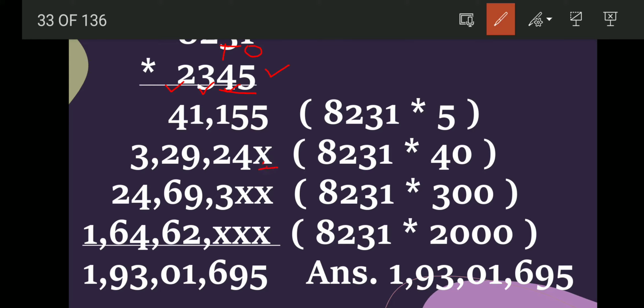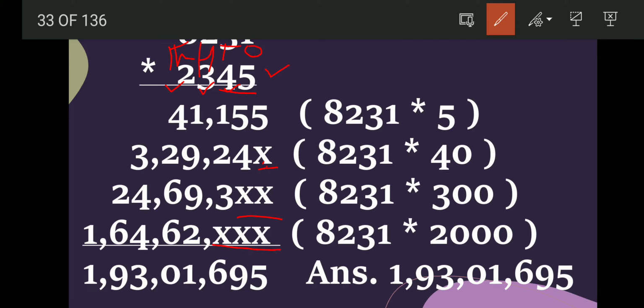Now when multiplied by 3, 2 crosses. Why? Because 3 is at 100's place. Got it? So 8231 multiplied by 300. Then 2, this is at 1000's position, so we'll put 3 crosses, meaning 8231 multiplied by 2000.